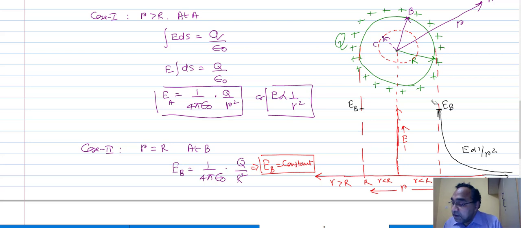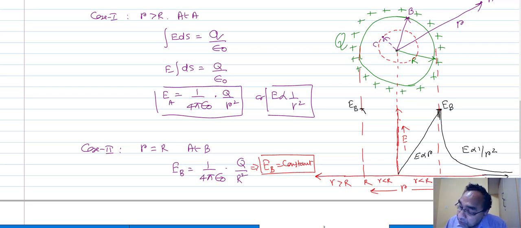The most important one: what will be the graph for inside? Inside we see E is directly proportional to r, so the graph will be a straight line. E is directly proportional to r. Y is equal to mx plus c, but here E is proportional to r, so it is of the type y equals some constant into r, y equals mx type. So no intercept, passing through the origin.